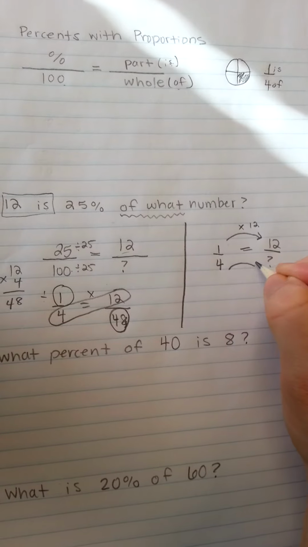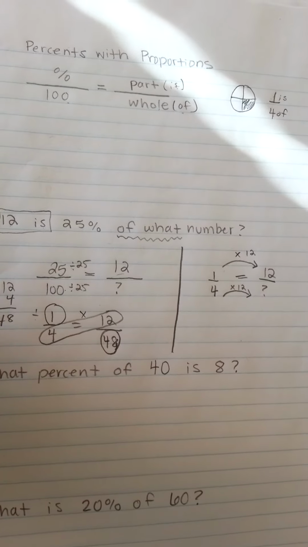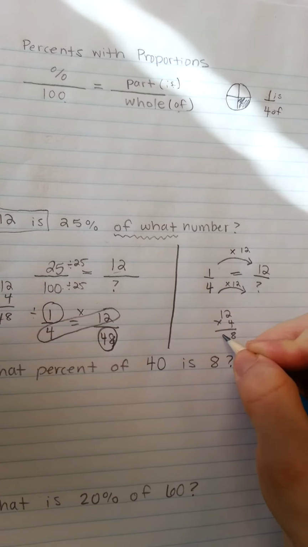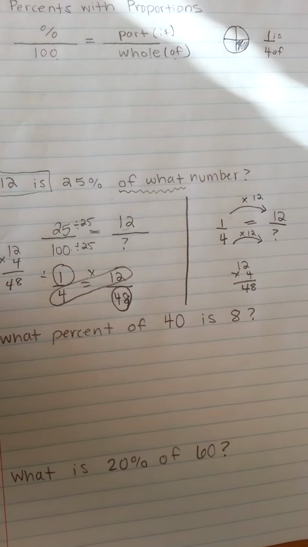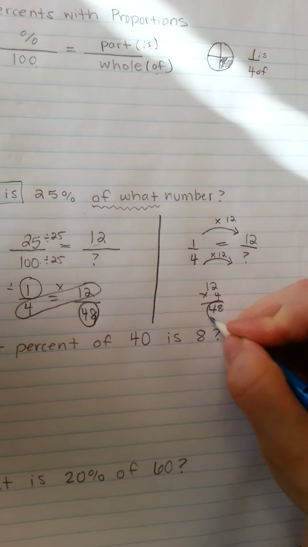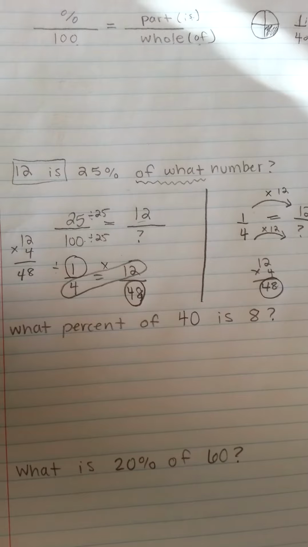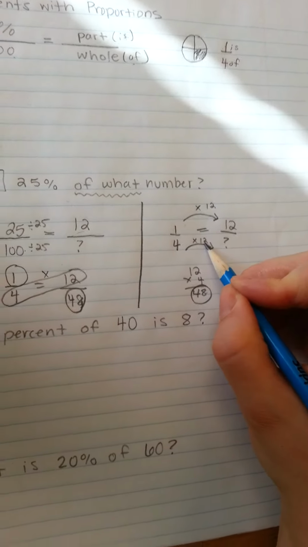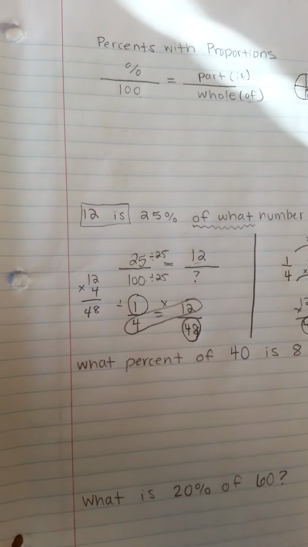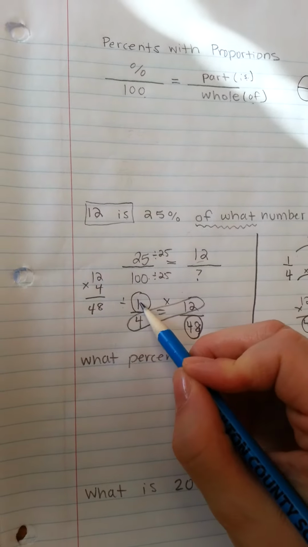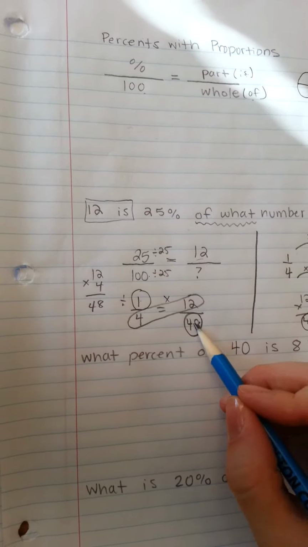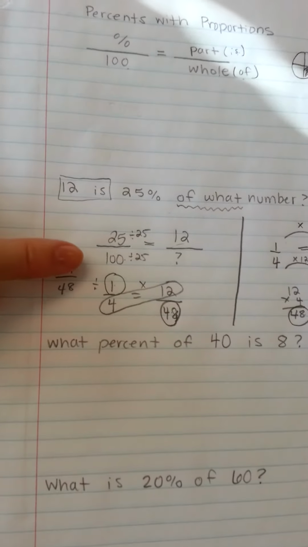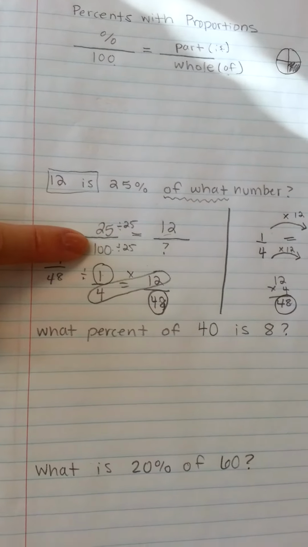So 4 times 12 should give you your solution. What's my answer? It's 48. And that's exactly what I got before. So whether you're noticing the relationship and multiplying by the same number, or cross-multiplying and dividing by what's left over, you're still going to get 48. Once again, always, always, always simplify first.